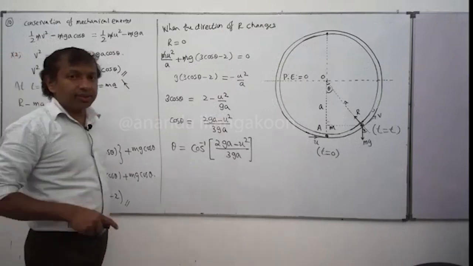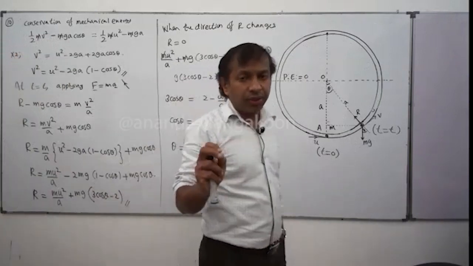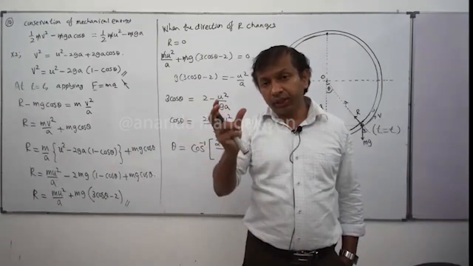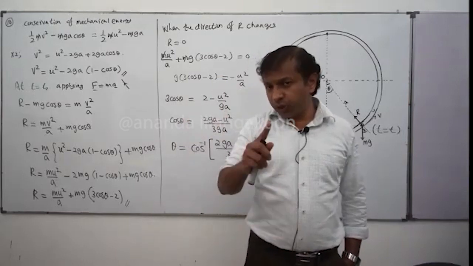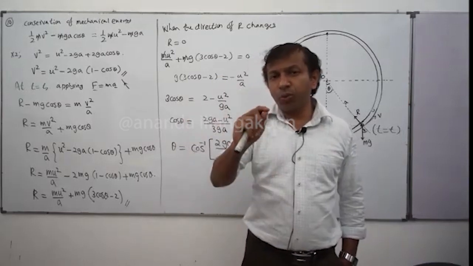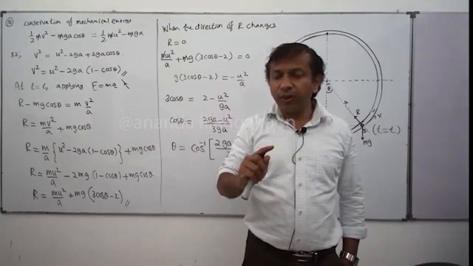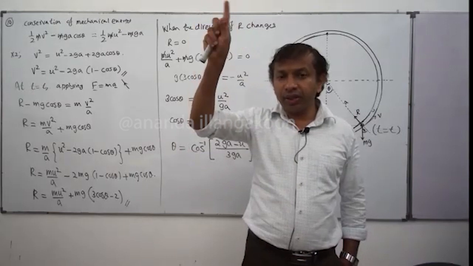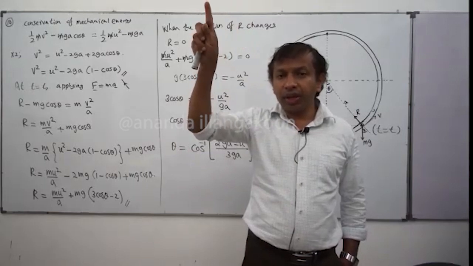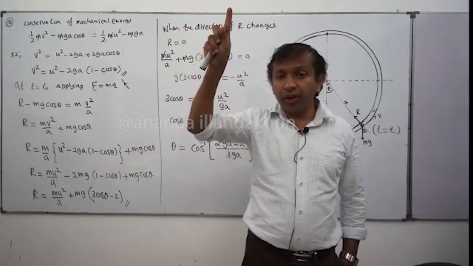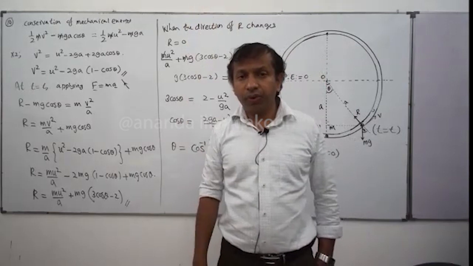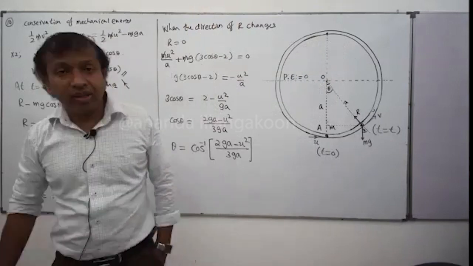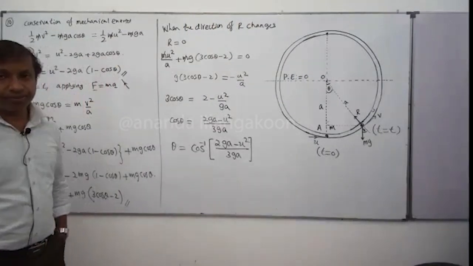People, in the earlier cases, when the particle was suspended by a string and when the particle was moving inside the spherical surface, we used the condition required for complete circular motion: at the highest point, the tension greater than 0 and normal reaction R greater than 0.